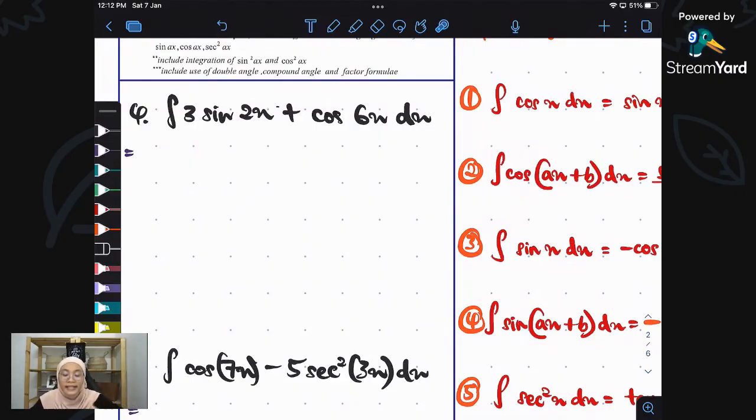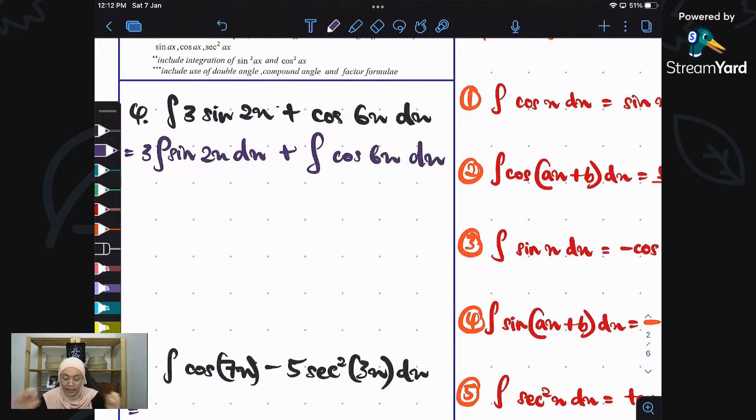Write as many times as possible so that you remember already. So now let's go to the fourth one, which is I bring this 3 outside first. And then I jadikan dia menjadi dua integral yang berbeza so that I can see that there are two integrations there. And then I recall back, oh, macam mana nak buat ni?